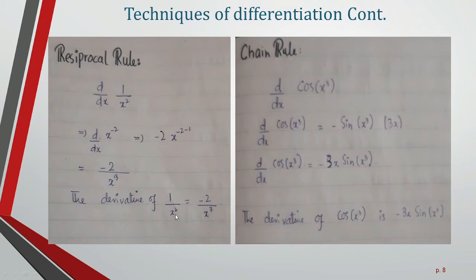In the general case of sin x, the derivative of sin x is cos x and its angle is x, whose derivative is 1. But now here the angle is x cube, whose derivative is 3x square. So the derivative of cos x cube will be minus 3x square sin x cube.